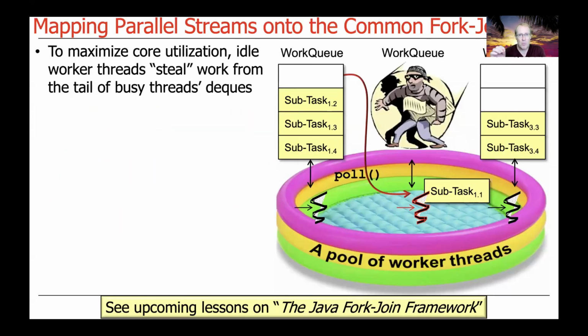And we'll talk more about this later. But the long and the short of it is that this allows the multi-core processor to keep all the threads, all the cores as busy as possible by stealing work when a given worker thread has run out of things to do.